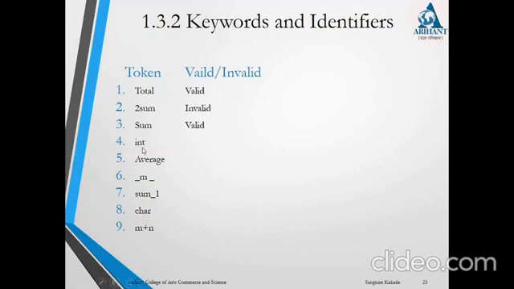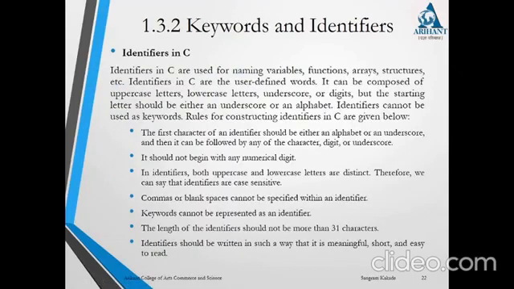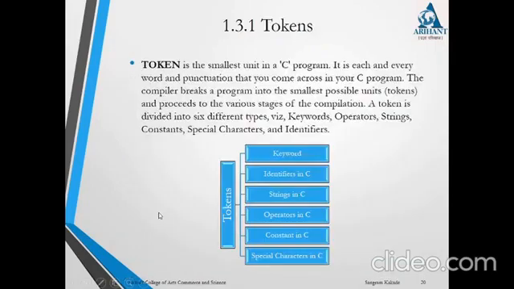Now, int. They have given int as an identifier and asked whether it is valid or invalid. Even though it satisfies most of the rules mentioned, it breaks the rule that int is a keyword.